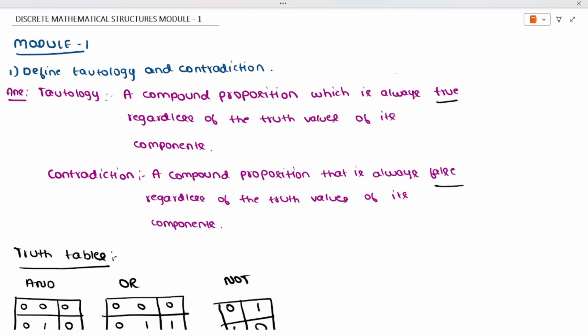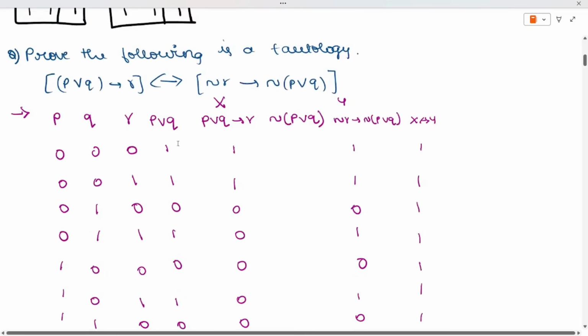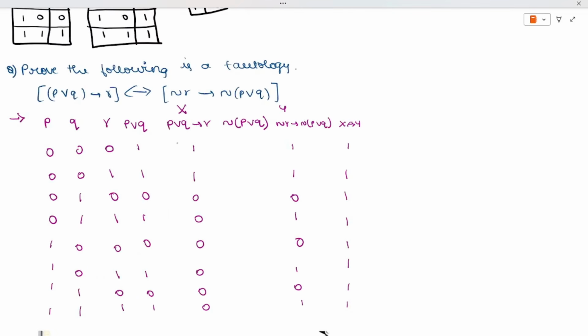You can see these definitions, and I have also given the truth tables of and, or, and not. Next is this question, where you have to prove P or Q. It is a conditional; every truth table, everything, I have explained in that video, so I am not going deeper into it. If you see the truth table for conditional, biconditional, and everything given there, you can see that.